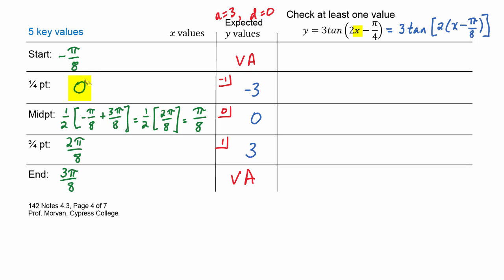So if we take the 0 and plop it in for the x here, we're going to get 3 times the tangent of 0 minus pi over 4, so this becomes negative pi over 4. We know that the tangent of negative pi over 4 is -1, so this works out to be -3, which is exactly what we were expecting.